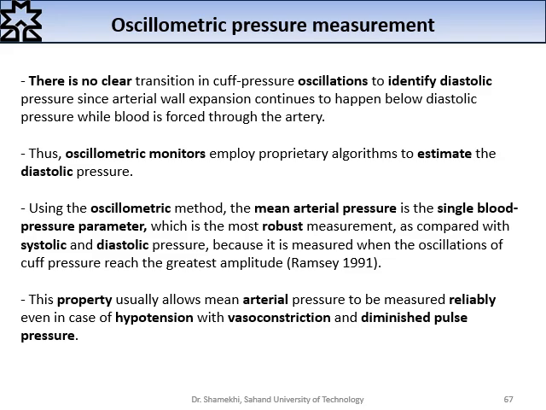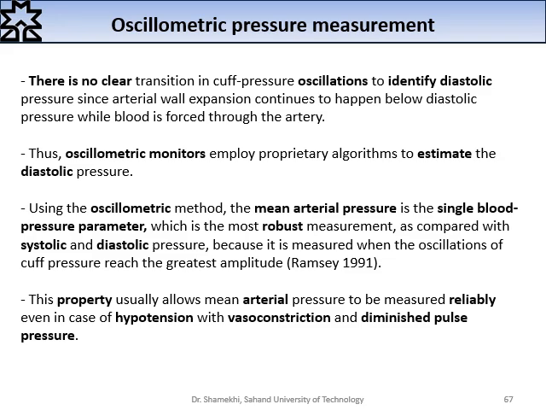There is no clear transition in cuff pressure oscillations to identify diastolic pressure, since arterial wall expansion continues to happen below diastolic pressure while blood is forced through the artery. Thus, oscillometric devices employ proprietary algorithms to estimate the diastolic pressure.